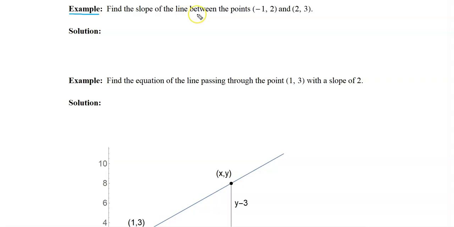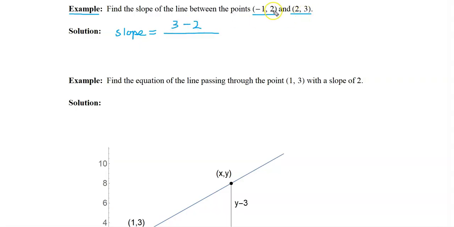So here we want to find the slope of the line between these 2 points. Our slope is going to be the difference in the y coordinates divided by the difference in the x coordinates. Let's pick this point right here as being x1, y1, and this one as being x0, y0. Then the difference in the y coordinates is 3 minus 2.